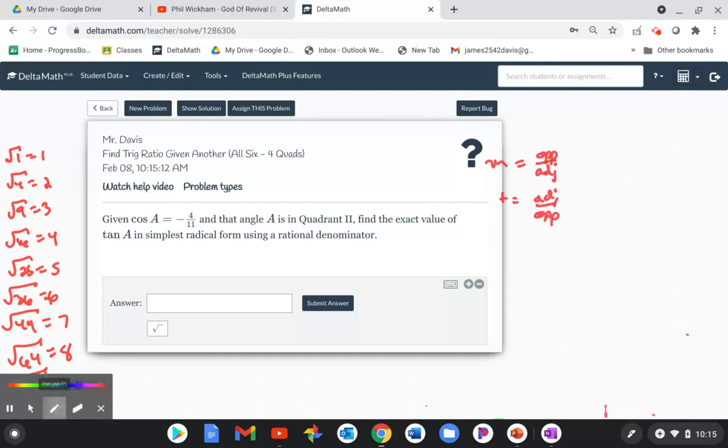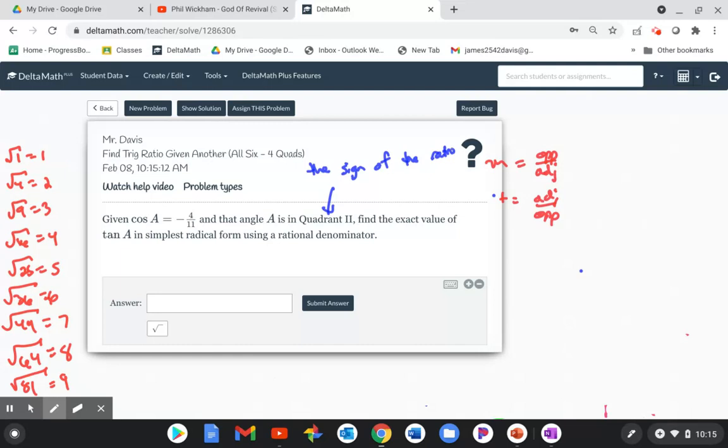So the only thing that we're going to have to be careful about that's different is the sign. We have to look at the sign of the ratio. It could be negative. So we'll talk about that in a minute after we've solved it.